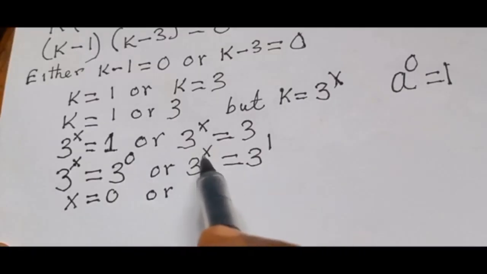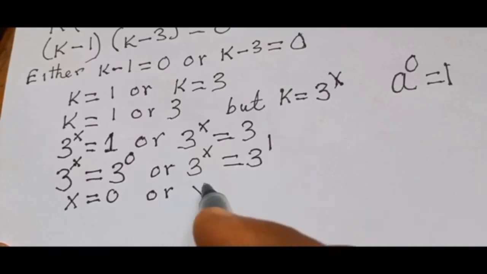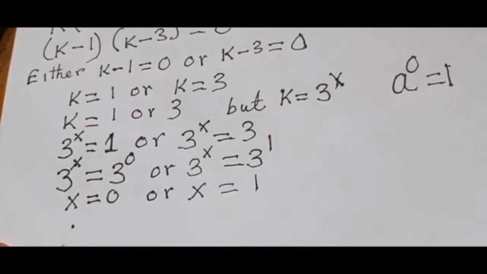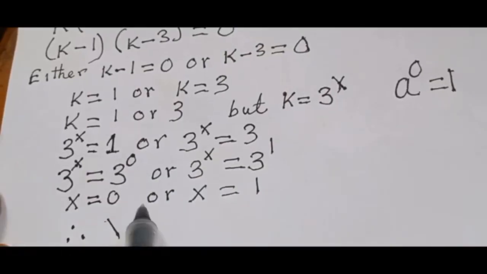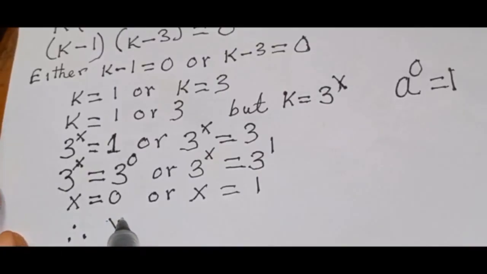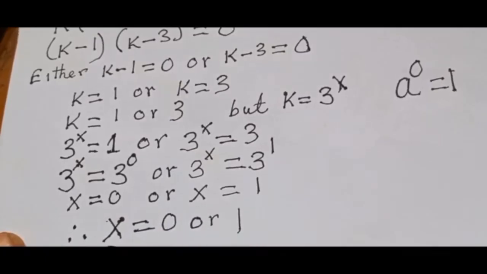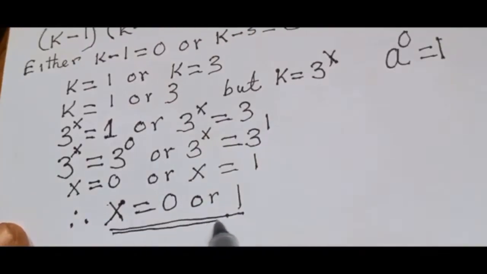So we just equate the exponents. So again here we say x equals 1. Therefore, x equals 0 or 1. This is the value of x.